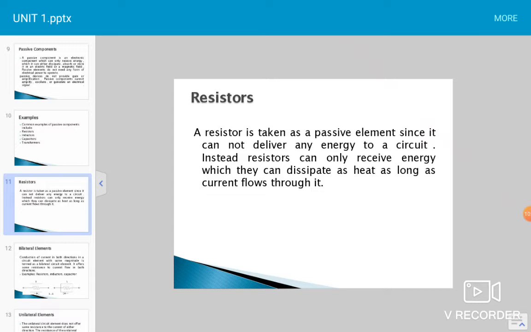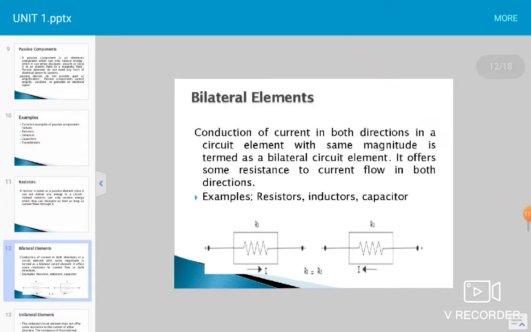A resistor is taken as a passive element since it cannot deliver the energy to the circuit. वो एनर्जी को खा जाएगा, डिलीवर नहीं करेगा. जो भी वोल्टेज सोर्स एनर्जी मिलेगा उसके क्रॉस में वोल्टेज ड्रॉप होगा. टेक्निकल टर्म में वो उसके रजिस्टर के क्रॉस में वोल्टेज ड्रॉप होगा. ड्रॉप हो रहा है मतलब वो एनर्जी को एब्जॉर्ब कर रहा है. This is the best example of the resistor, a passive element.